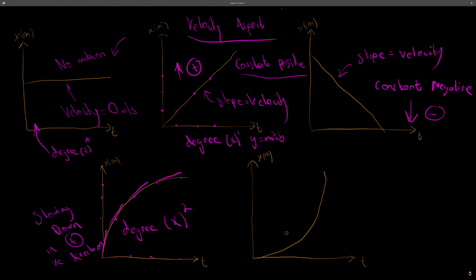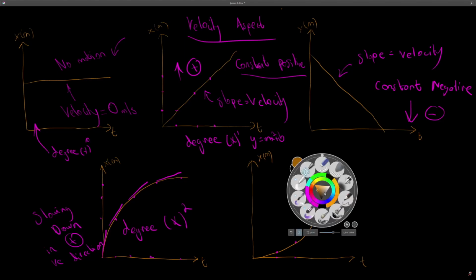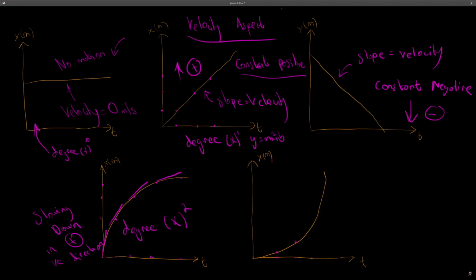Now in the next graph here, as time goes by, the object travels a further distance every time. By analyzing this graph, we can see that it's speeding up, and we can also prove it by drawing the tangent line again. As you can see, at the beginning it's horizontal, and then it gets more and more vertical over time.